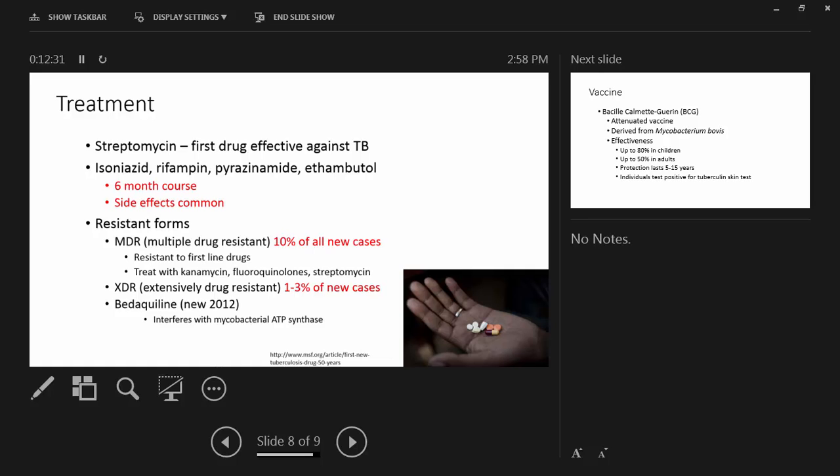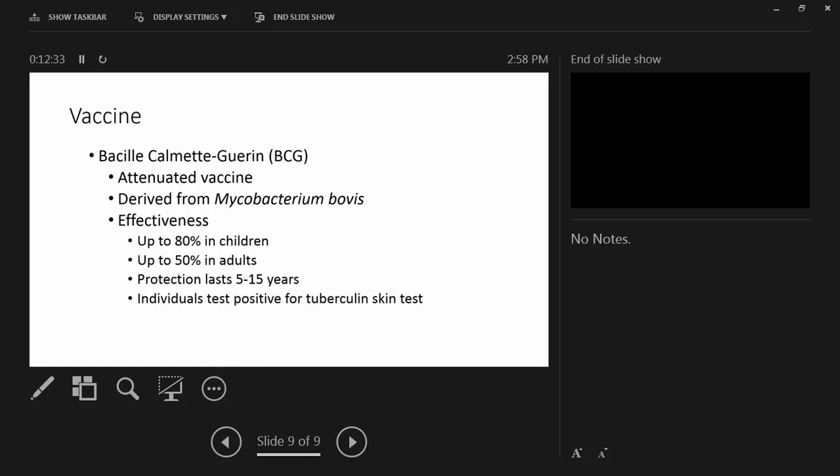What about preventing TB altogether with a vaccine? Well, we have a vaccine, but unfortunately, it's not a very good one. My apologies to the 3 French guys that came up with it, Bacille, Calmette, and Guerin. So our vaccine is referred to as the BCG vaccine against tuberculosis.